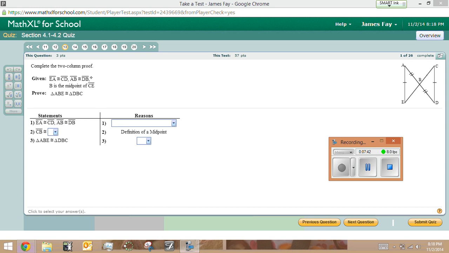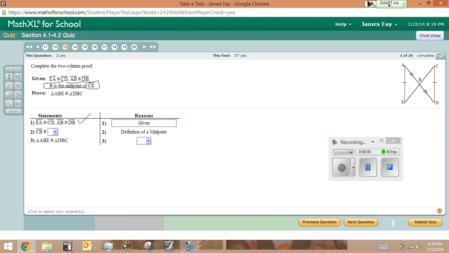Complete the two-column proof. EA is congruent to CD. Segment AB is congruent to segment DB. And we know B is the midpoint of CE. So this stuff here they give you is given. Now, because point B is the midpoint of CE, we look down here, they say CB, that segment there, is congruent to that segment there because B is the midpoint of this red segment.